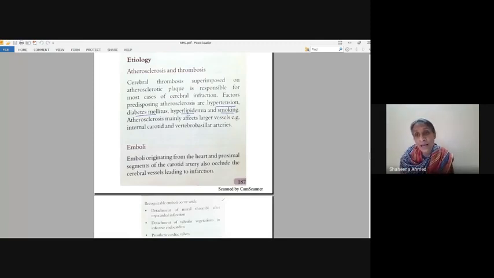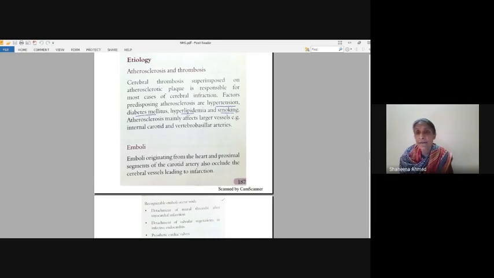When there is plaque formation in the cerebral arteries, not only does the plaque narrow the lumen of these arteries, thrombus formation also starts developing over these plaques. And this thrombus then further obliterates the lumen of these arteries. The very common factors in which we see this atherosclerosis superimposed by thrombosis are hypertension, diabetes mellitus, hyperlipidemias, and smoking.